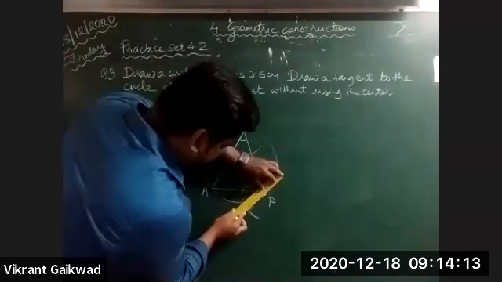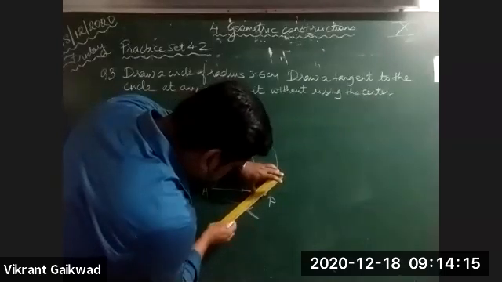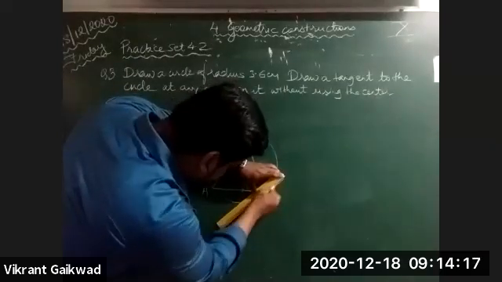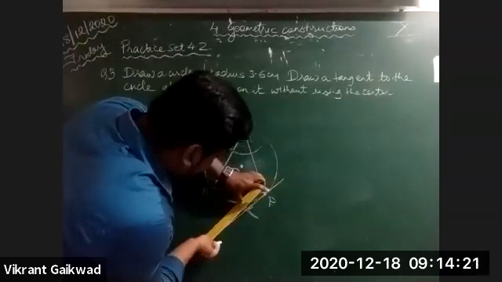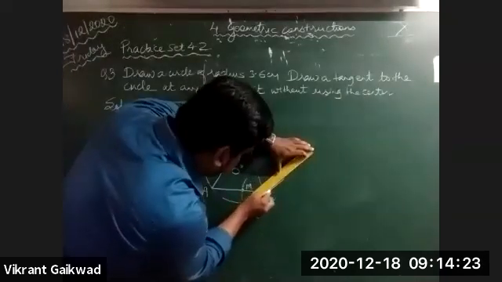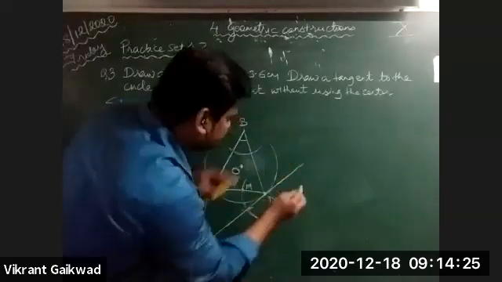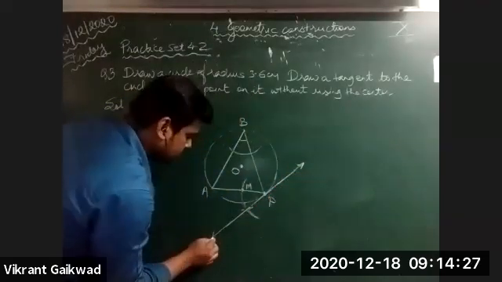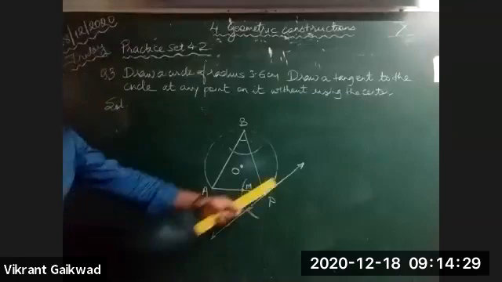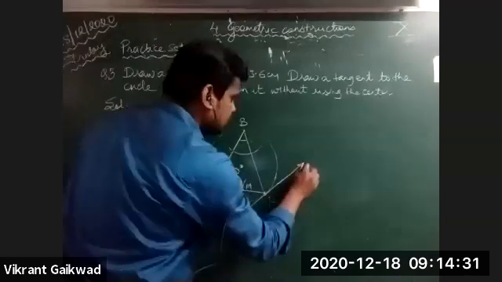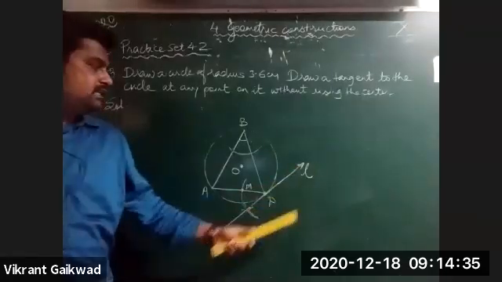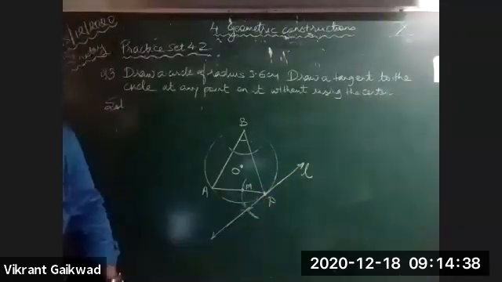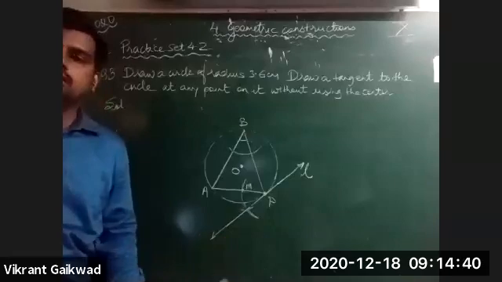From P, I'll join the point of intersection. Just extend that. So this line which you're going to get, line L, is the tangent at point P to the circle.